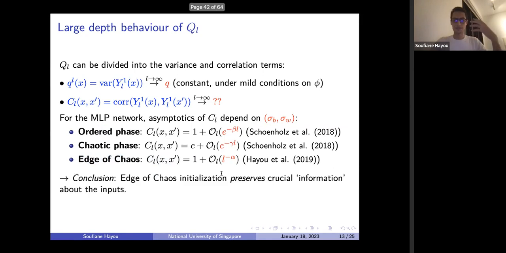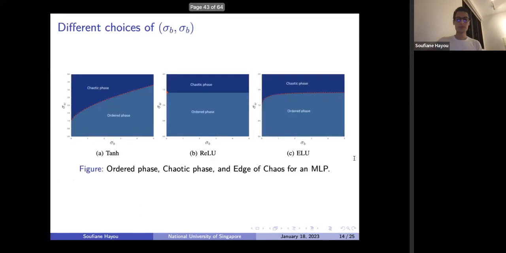Which means that the conclusion is that if you use the edge of chaos initialization, and I'm going to explain what that means, it's basically just a choice of these hyperparameters, you preserve this crucial information about the inputs, because you prevent the correlation from converging very fast to 1, okay? Because you have only a polynomial rate, right?